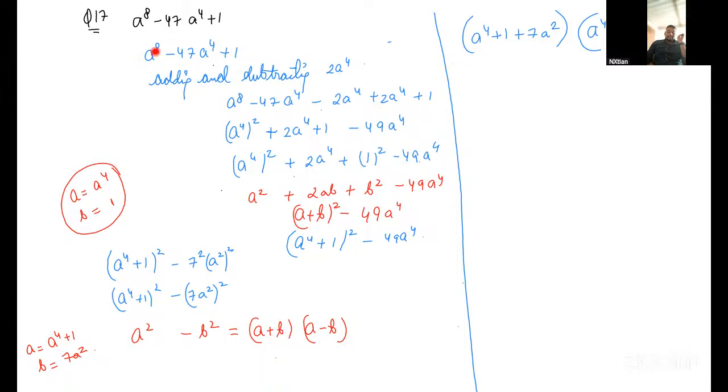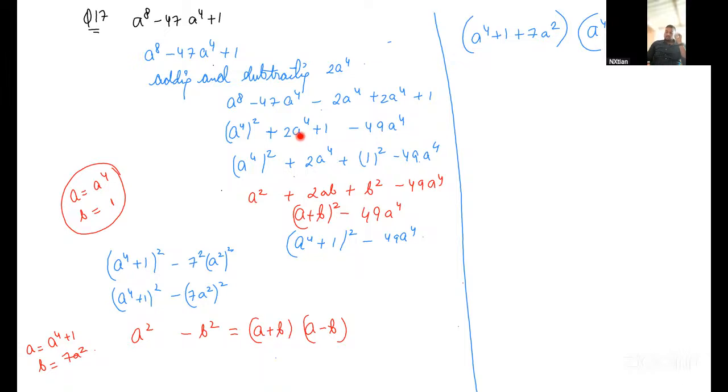Because I know that I can split this power as a4 to the power square like this, and this is one which is b square. One square is basically one, so we can consider it as b square. So a square plus b square is there. I need plus 2ab. So plus 2 into a, which is a to the power 4, into b, which is 1. So 2ab will come like that.